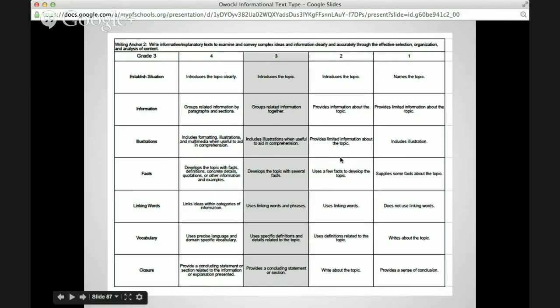But the use of this rubric would tell him, oh, if I have several facts, I'm going to go from a 2 to a 3. So these rubrics help the student to see how they can explicitly improve various areas of their informational writing.